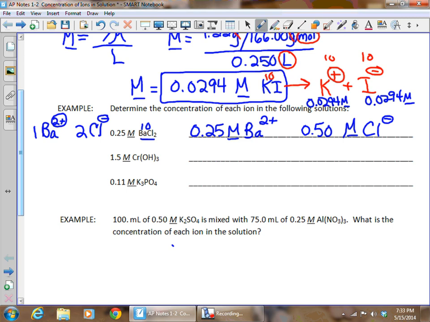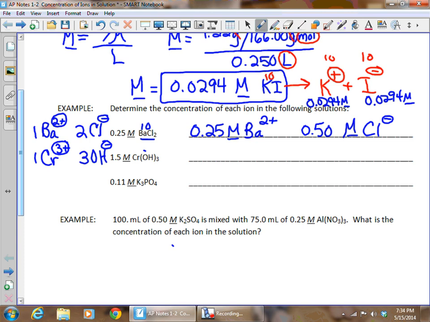So you should come up with the fact that you have 1 chromium ion, and since hydroxide's a negative charge, that means the chromium ion must be a 3+ to balance out those 3 hydroxides. And we've got 3 hydroxide ions. So that's what we're looking at in this solution.